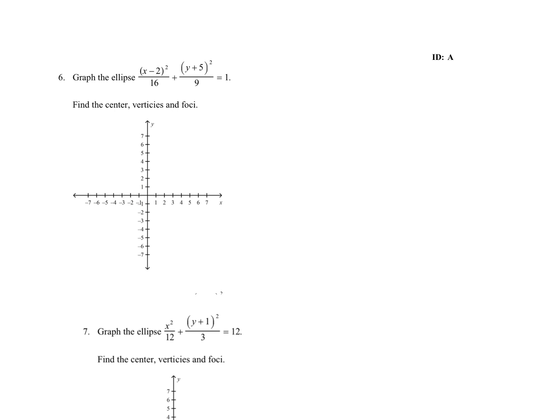Okay, so this is an ellipse. So the first thing I'm going to do is pull out my center point. And remember, H is always with X, K is always with Y. Again, backwards of what you think. So when I go to pull this out, it's 2, -5 is going to be my center point. Next thing I'm going to do is look for my a squared.